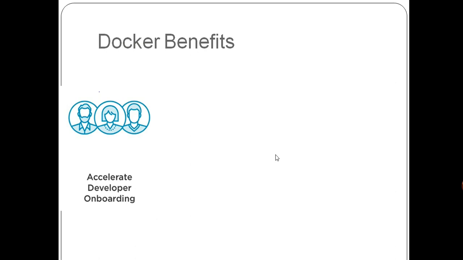The first benefit of using Docker is that it accelerates developer onboarding. For developing a specific app, we have to ready an environment for building, running, and compiling that app. If we have more than one developer, we need to ready the environment on each developer's machine.